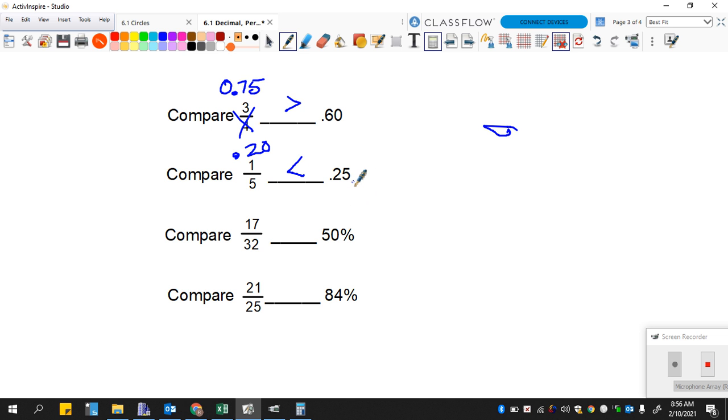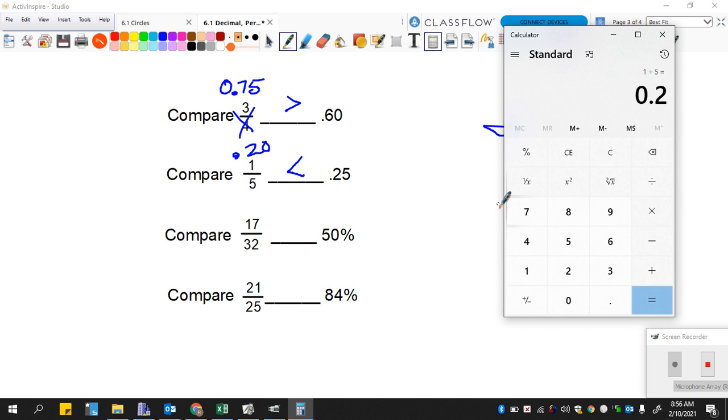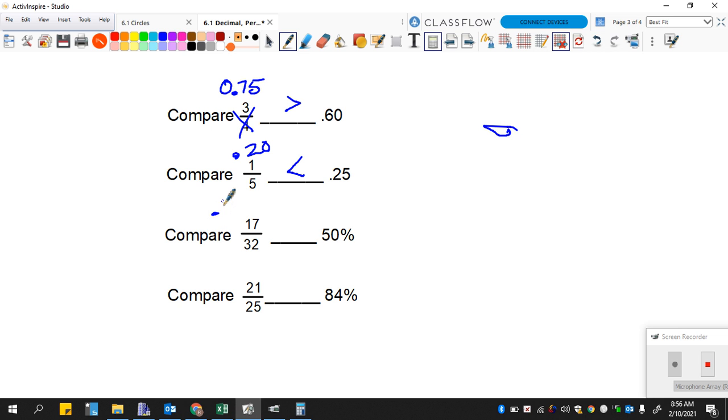All right. 17 over 32. 17 divided by 32 is 0.53125. Now, we can either convert this to a percent because we have percents right here, or we can convert this to a decimal.